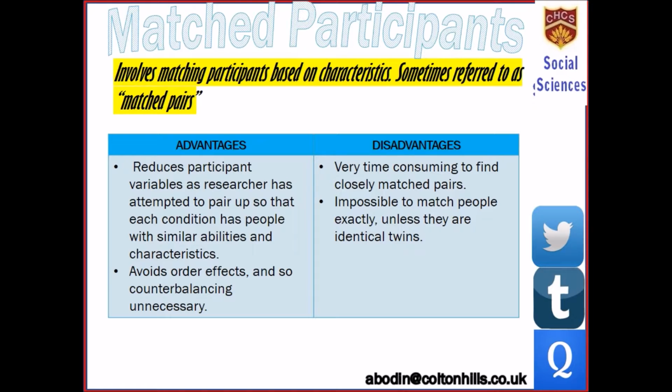And a good example of a core study that uses matched participants within the research is again the Maguire research into the differences in brain volume between taxi drivers and non-taxi drivers.